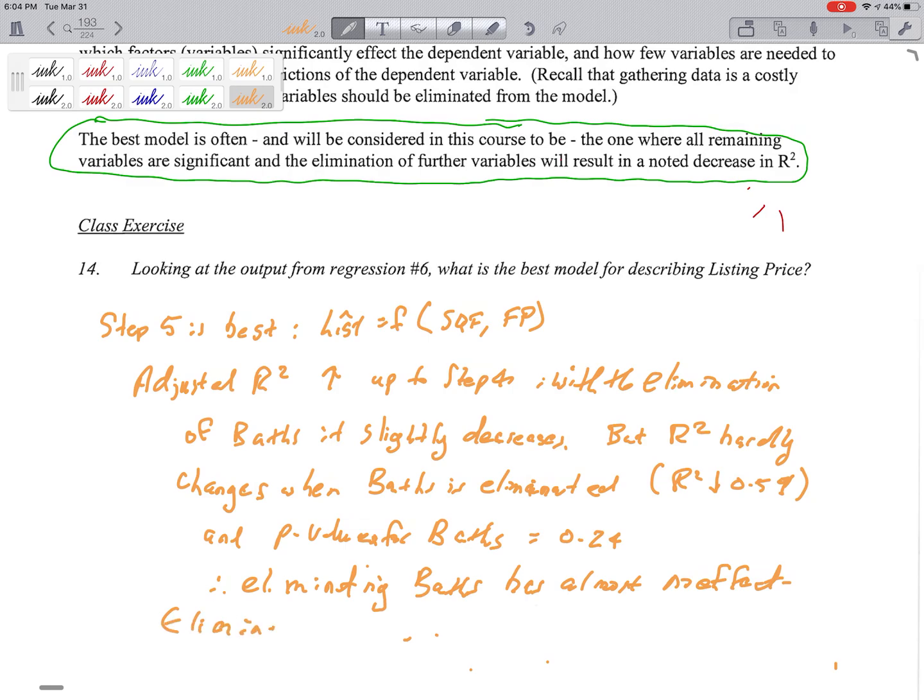Eliminating fireplaces and eliminating square footage would cause a big decrease in R squared. So don't do it.